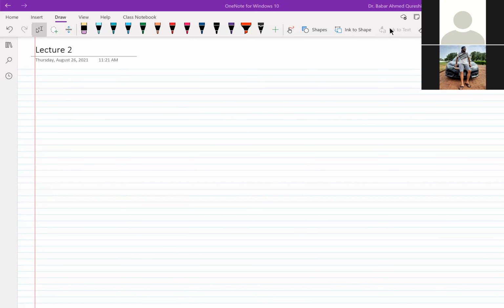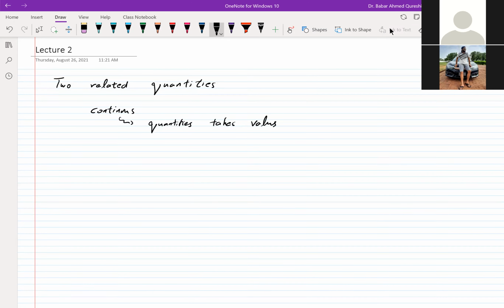Okay, so what we did last time, we discussed that we have two related quantities which are continuous. By continuous, I just mean that the quantities take values in real numbers.